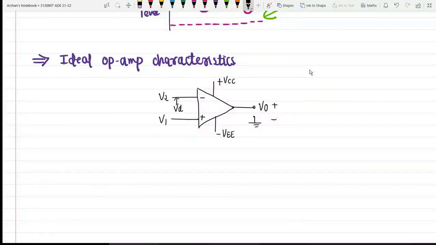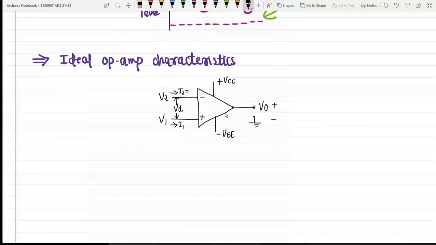This difference voltage VD will get amplified as per the gain provided by this amplifier. Now at input signal V1 there must be a flow of current I1, and at input terminal 2 there must be another current flowing.